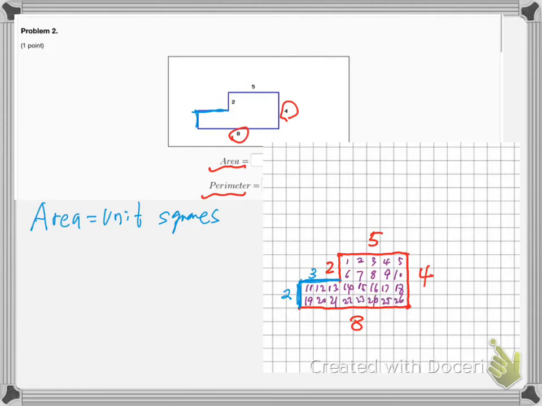So there are 26 small squares inside, so the area is 26. Area by definition is how many squares are inside the picture. We draw this whole picture on the block paper to make it easier to count. Now what's the perimeter?